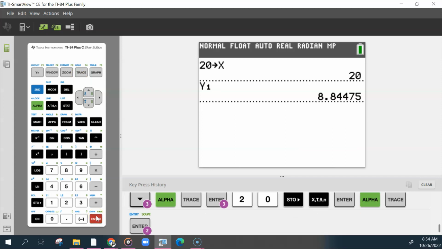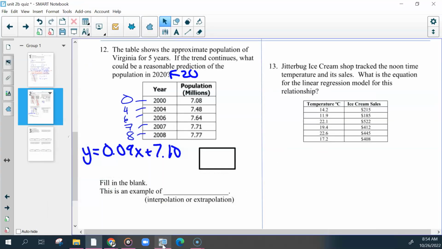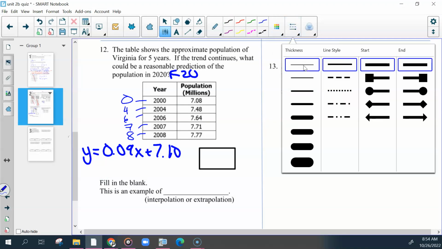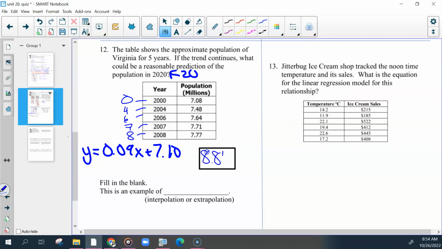So some of you put that entire thing, which was fine because it's in millions. 8.84 was also fine. 8.8 was also fine. 9 was too much. So millions, in millions, population, something that tells me you know what the label is.